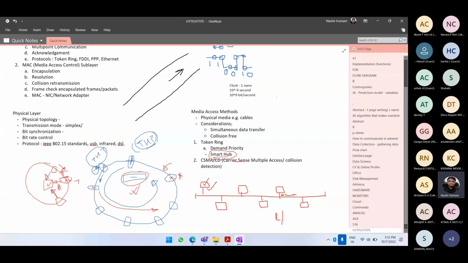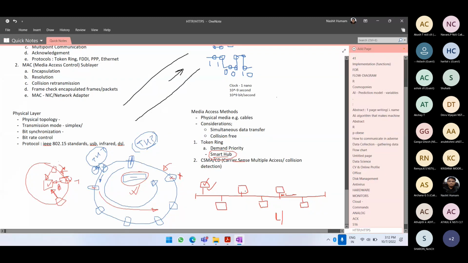Now, one more thing. All the devices are sending their own carrier signals, and these devices also listen to these sensing signals.